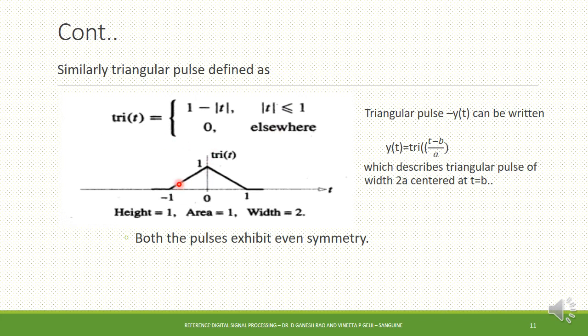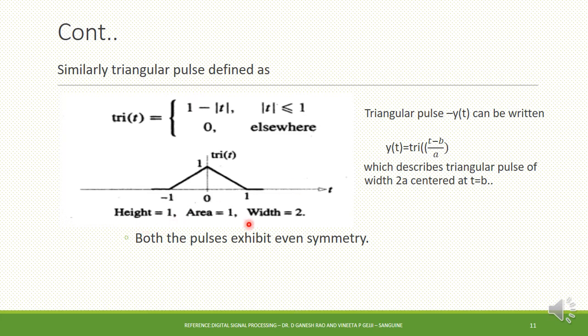If we draw this, in between 1 and minus 1 you get the triangular pulse, and for values more than 1 or less than minus 1, TRI is equal to 0.